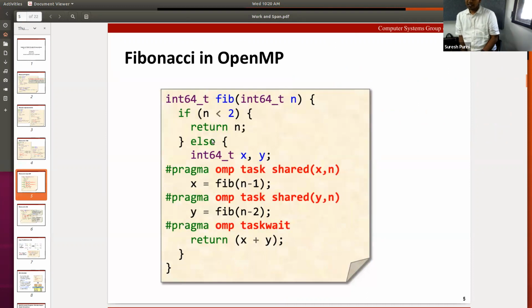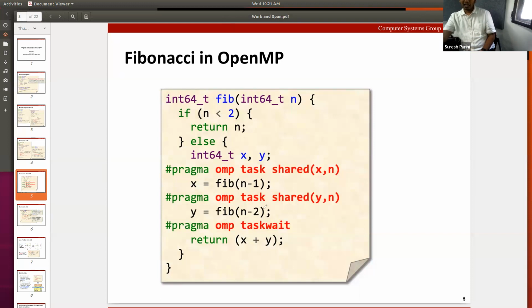And of course, OpenMP also supports task parallelism. In the earlier versions of OpenMP, like OpenMP 1.0 or 2.0, there is no support for task parallelism. But starting from OpenMP 3.0, there is support for task parallelism. So here, intuitively, for the statement immediately after that, a task will be spawned and Fibonacci of n-1 will be computed there.